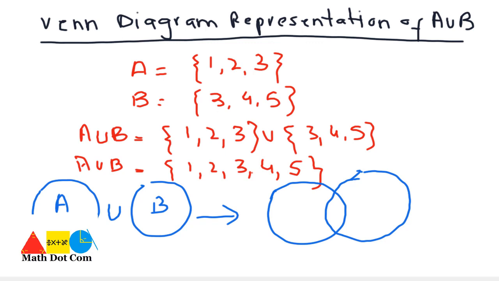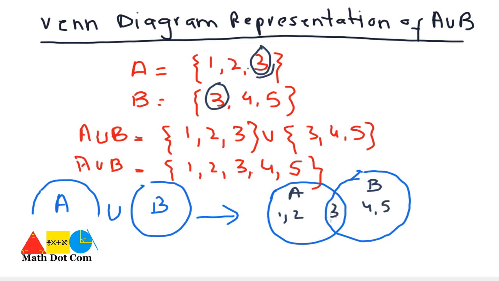Because we have one element in common, that is 3. This element is common in both A and B. So while drawing Venn diagrams, there must be an overlapping section. So this is A and this is B. We write 1 and 2 here, and 4 and 5 here, and the common section is 3.